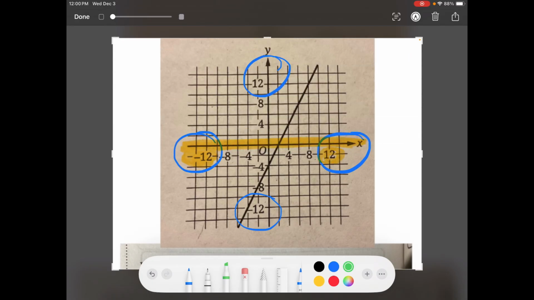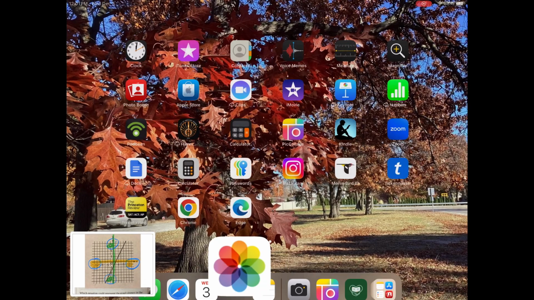Notice that your Y-axis also goes from -12 to +12. You want to plug those numbers into the Desmos graphing calculator to make sure that you have exactly the same range represented on your screen.